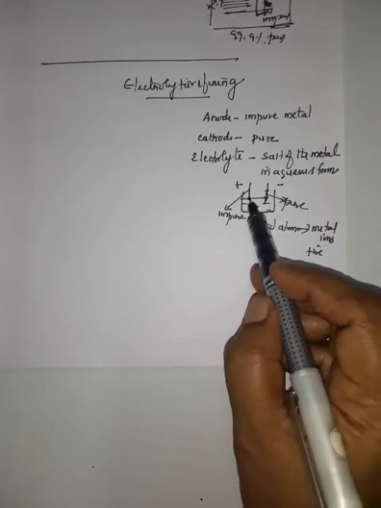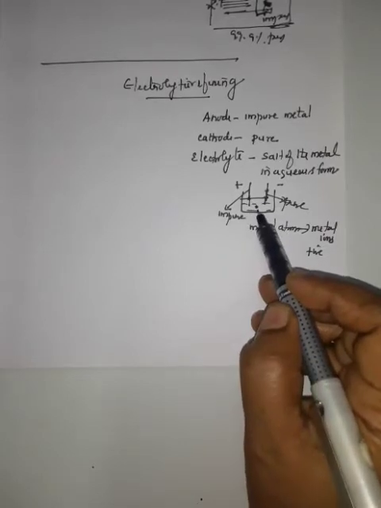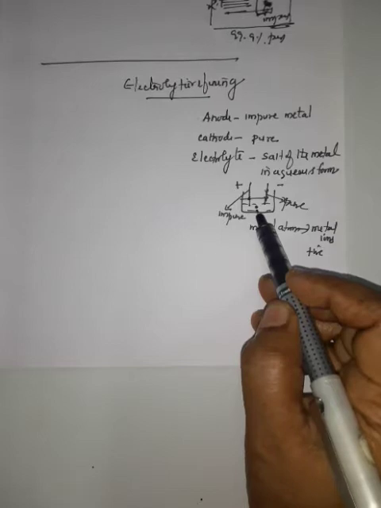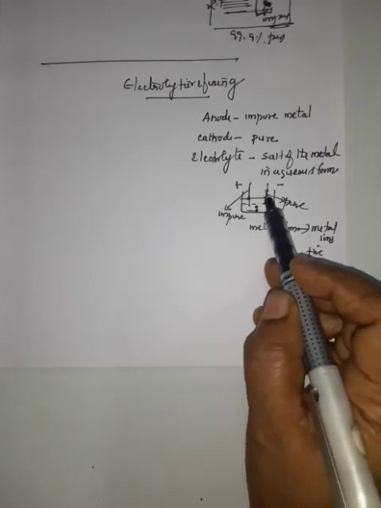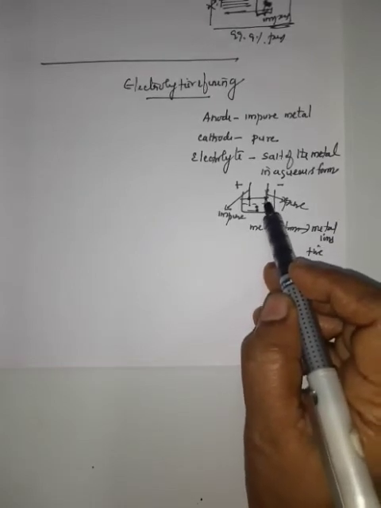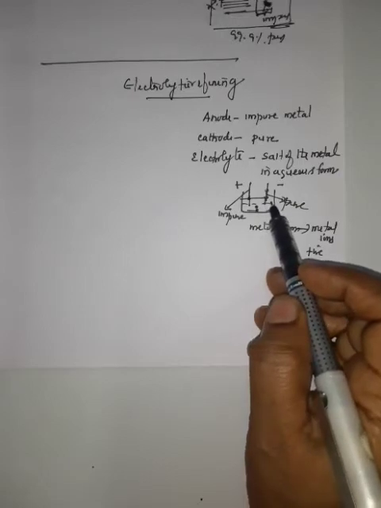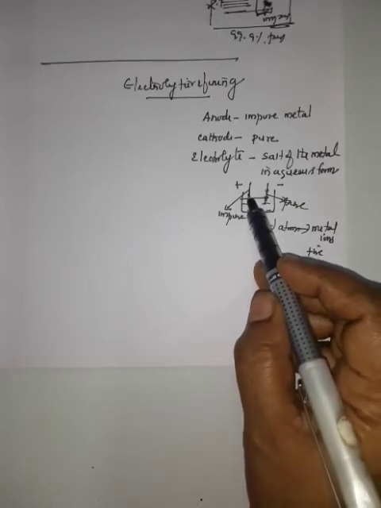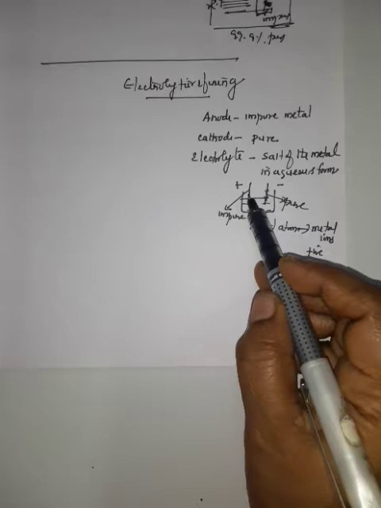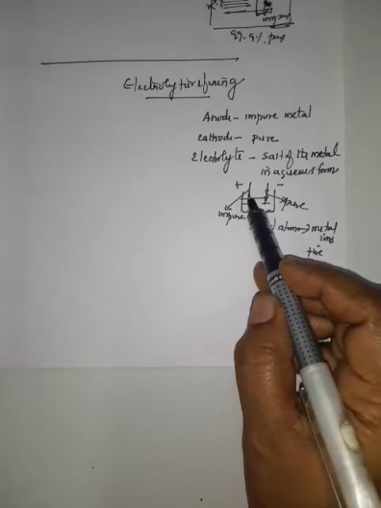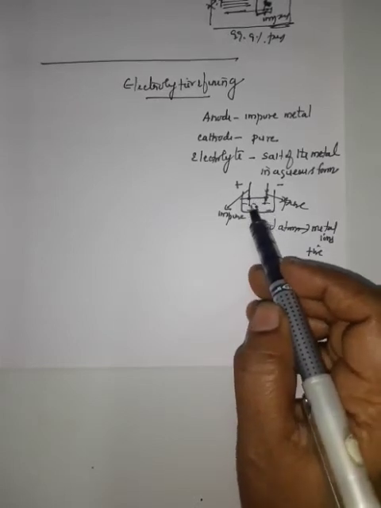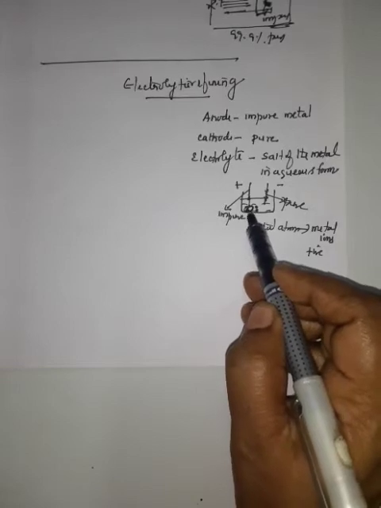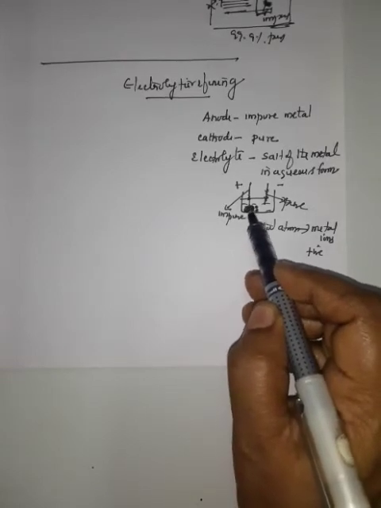The atoms present in the metal move into the solution as metal ions, the positive ions, and then get deposited on the cathode. Then the impurities present in the anode, that is, the less electropositive impurities, all fall down as anode mud.